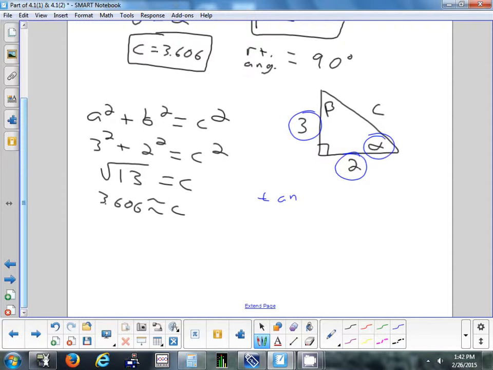So I get tangent. What do I plug into tangent? What's going to go right here? Tangent of alpha. Good. Equals opposite over adjacent. What's different about this equation compared to the ones we just did in the previous problem?